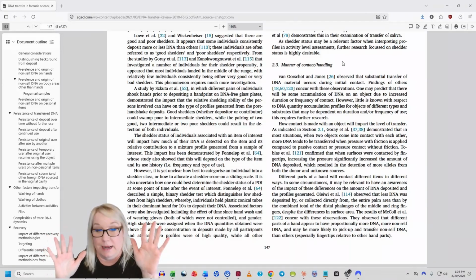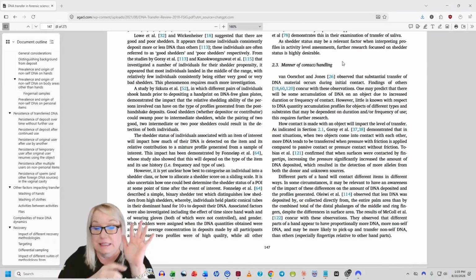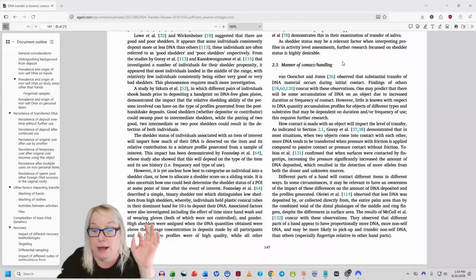Owe, hopefully I'm saying that right, et al. observed that less DNA was deposited by or collected directly from the entire palm area than by the combined total of the distal phalanges, your fingies, of the middle and ring finger, despite the differences in the surface area.